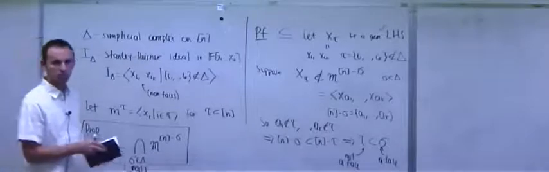And simplicial complexes are supposed to have the property that if something lives inside them, then all of its subsets live inside. So that's my contradiction. So that shows the first containment.